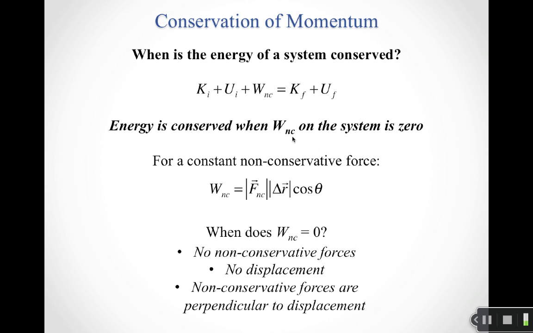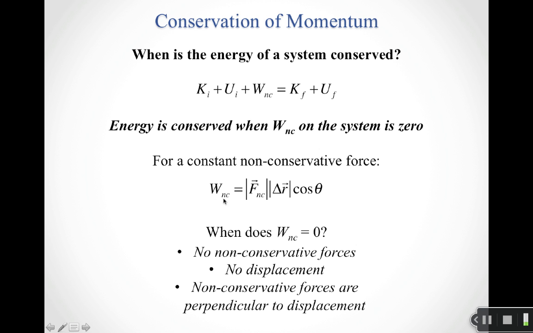So when is it that non-conservative forces do no work? Our definition says that as long as we have a constant non-conservative force, and that's basically the only type we've worried about this semester, then I can calculate the work done by any constant force as the magnitude of the force times the magnitude of the displacement times the cosine of the angle between these 2 vectors.